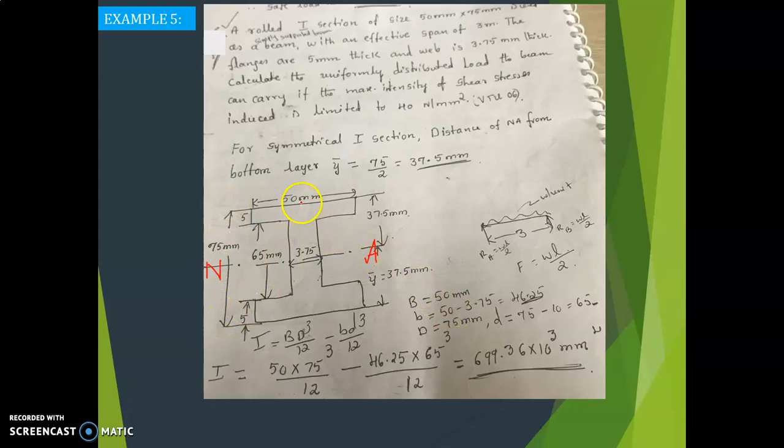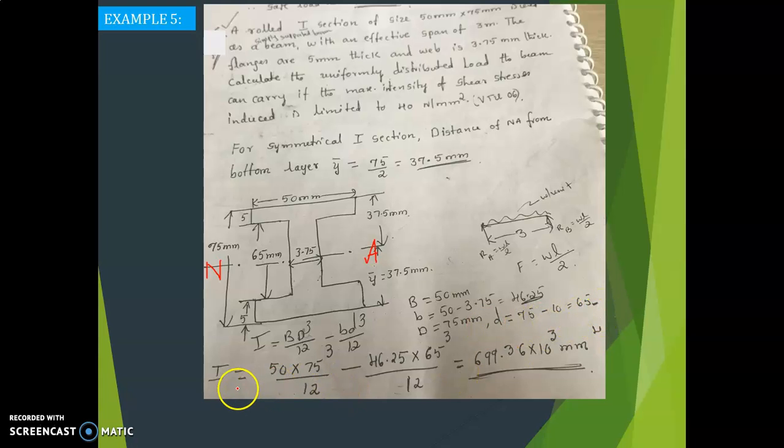Small b is 50 minus 3.75, that is 46.25, and small d is overall depth 75 minus 5 minus 5, so 75 minus 10, that is equal to 65. So now we have capital B is 50, small b is 46.25, capital D is 75, small d is 65.